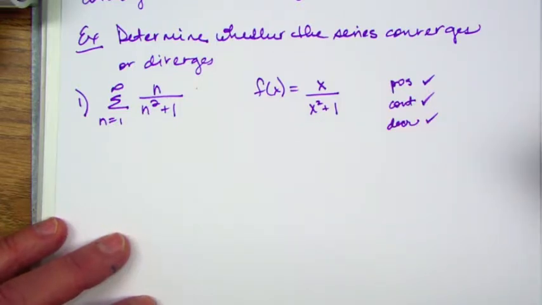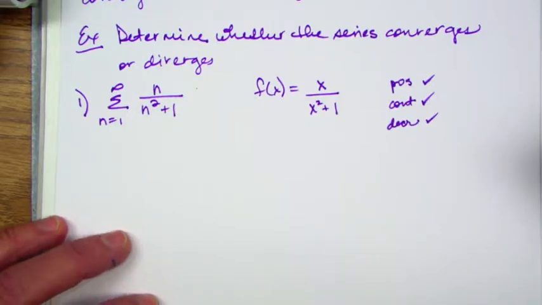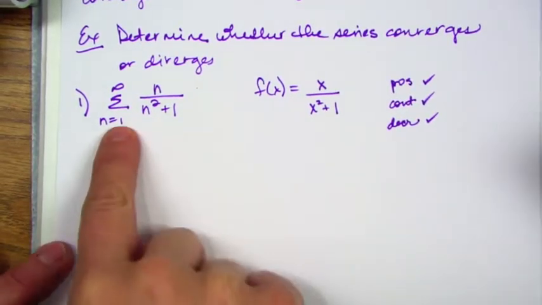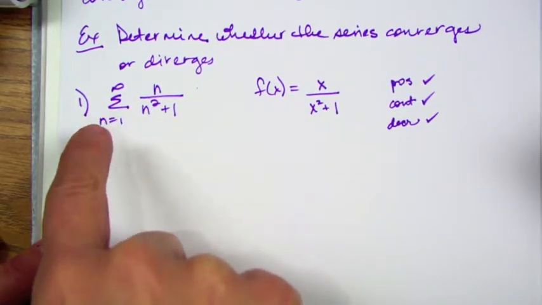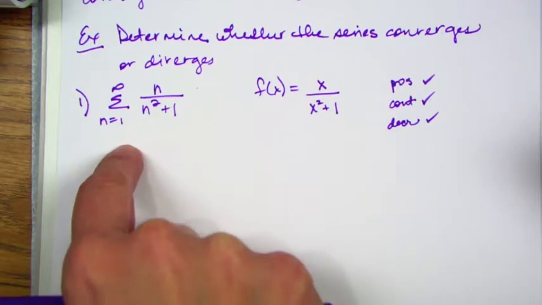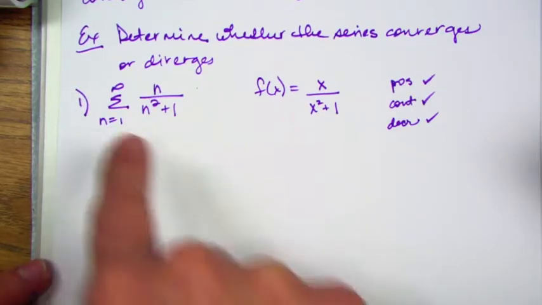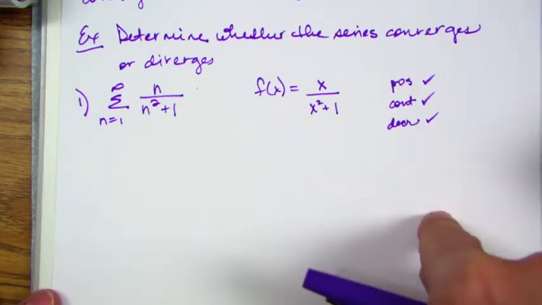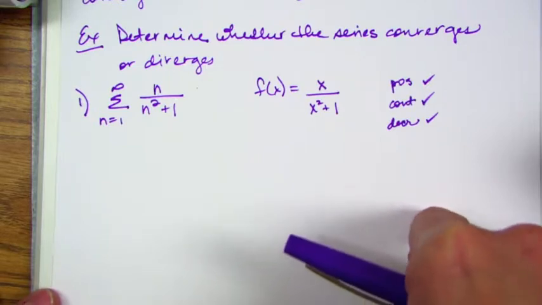If the derivative is negative at any value where x is greater than 1, then it would always be decreasing and you would be good. Okay, so you could always verify whether it's decreasing by taking the derivative.